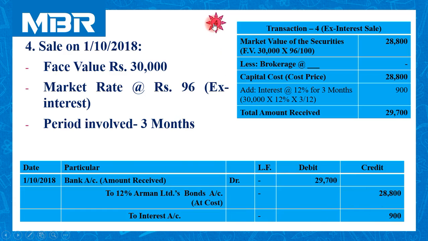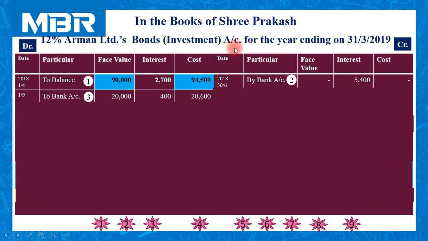Now enter this entry into the investment account. On the credit side of the investment account, 1st October 2018, by bank account, transaction number 4 that I have marked for your reference. Face value rupees 30,000, interest involved 900, and cost price 28,800.